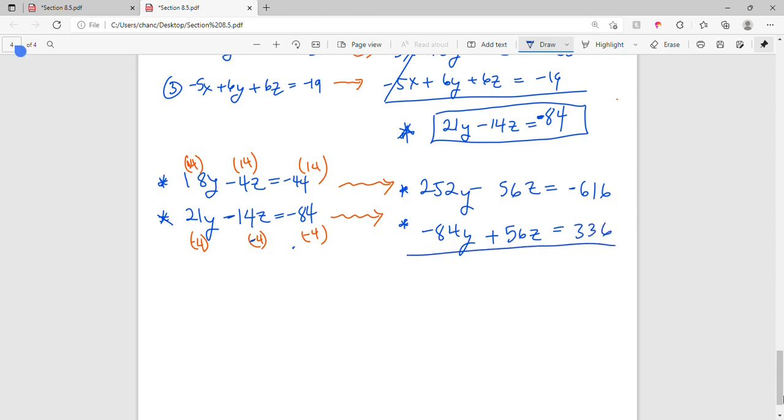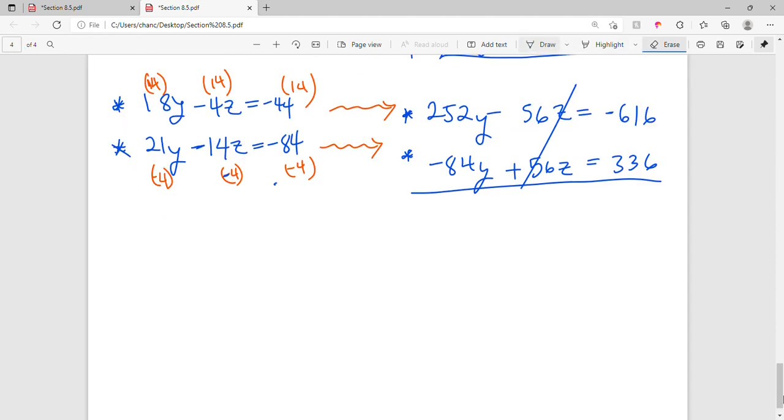Let's add them up. And yes, we do cancel out the z's. That's the point. This simplifies to 168y is equal to negative 280. If I divide both sides by 168, this simplifies.